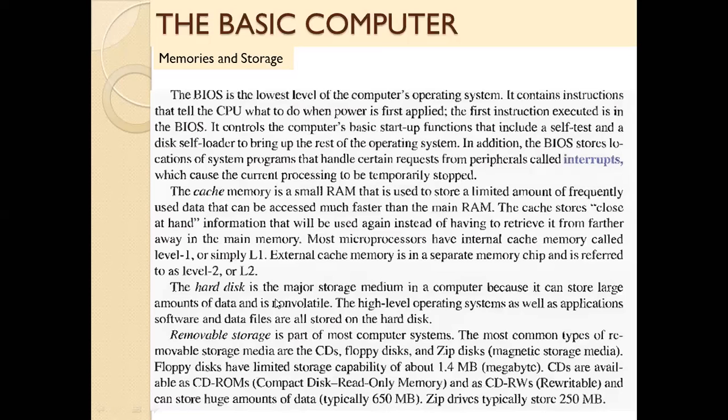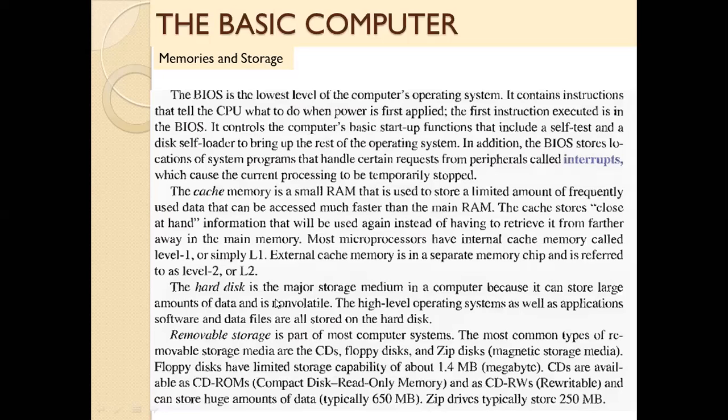If it is not found in the cache, then the CPU takes the data from the RAM and then keeps a copy of the data inside the cache as well, so that if it is used next, it would be accessed easily with fast operation. So this is the role of the cache.